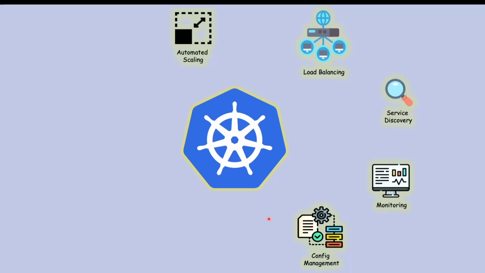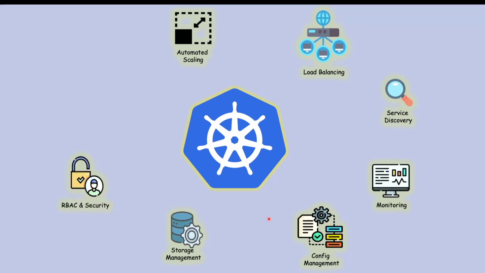You can deploy and update the secrets and application configuration without rebuilding your container images and without exposing the secrets in your stack configurations. Talking about storage management and orchestration, Kubernetes allows you to automatically mount a storage system of your choice. It could be a local storage or any storage provided by a public cloud provider.